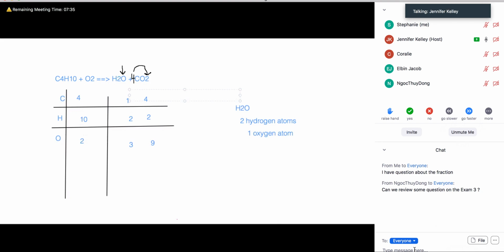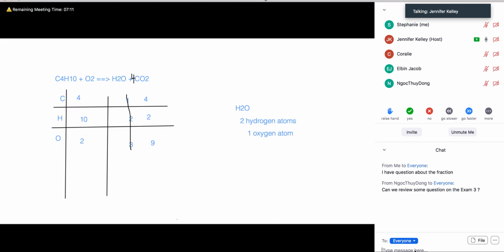All right. And then we're done with these. So now we want to look and see what else there is that we need to balance. So the carbon is good. When we get down to the hydrogen, we've got 10 on the left and 2 on the right.